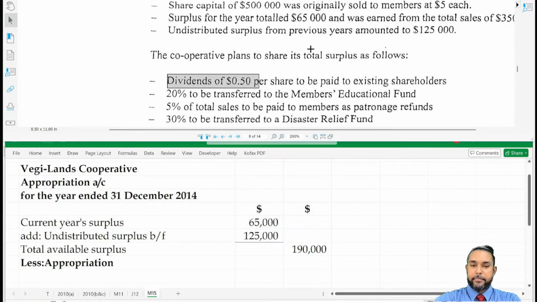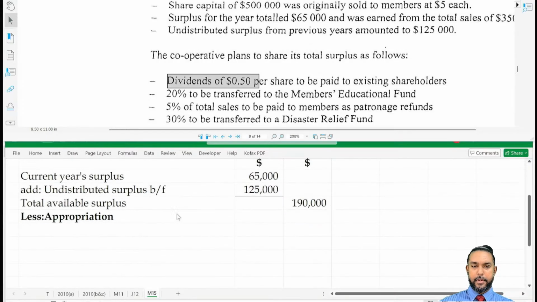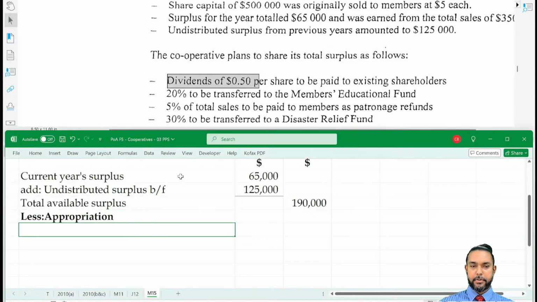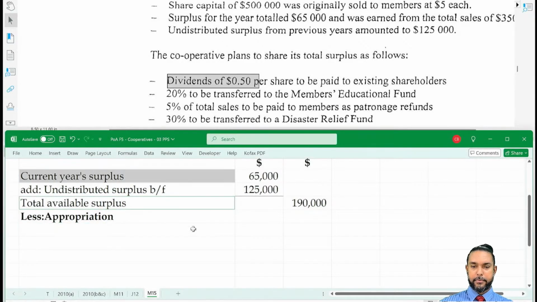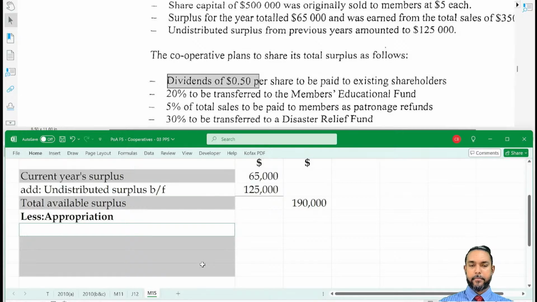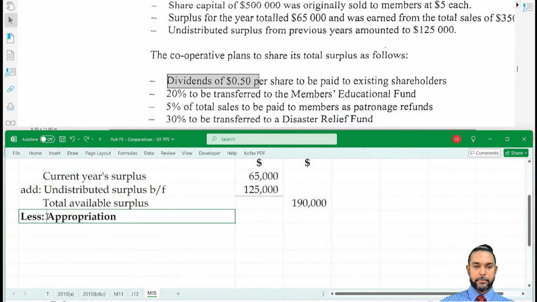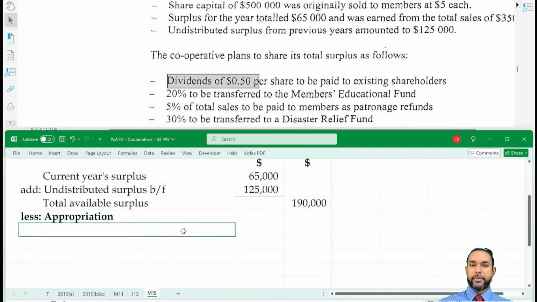All right, so I'll give you a couple minutes again, but let's do the first one now. Less appropriation. Let me just shift across some stuff here. Right, so we had the dividends. We said that it was 50 cents per share.